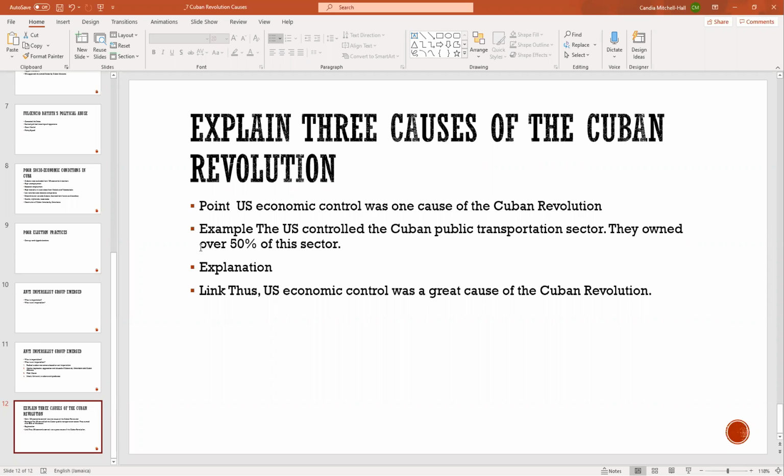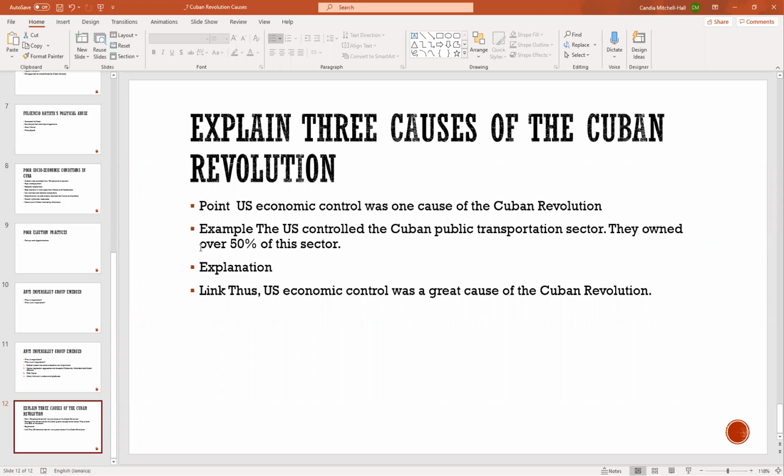The Cubans felt that they were not benefiting from all of the investment that the US made in their country. Therefore, it is very clear that because the Cubans were not benefiting, or because they felt confused, they were supposed to control their own economic future and destiny, but their entire economy was controlled by the Americans.